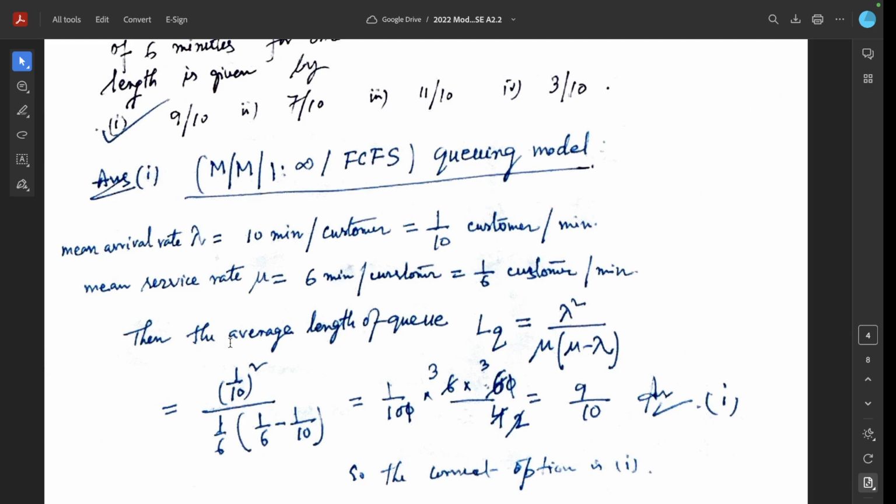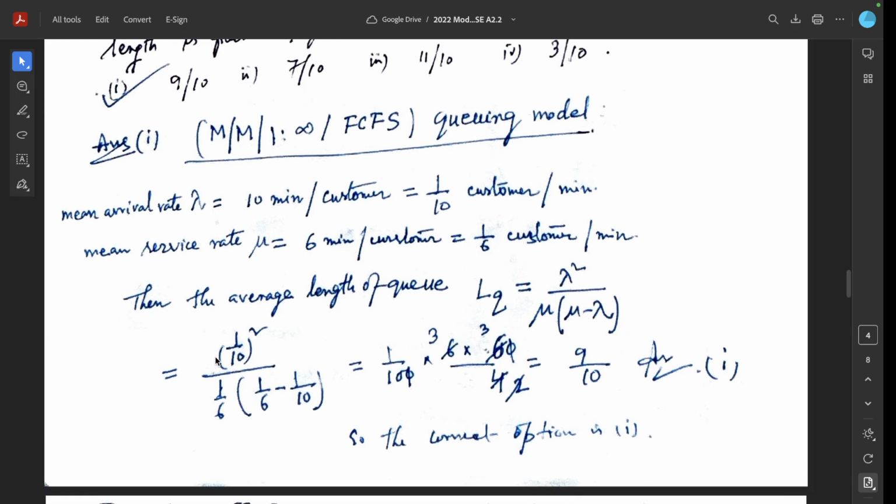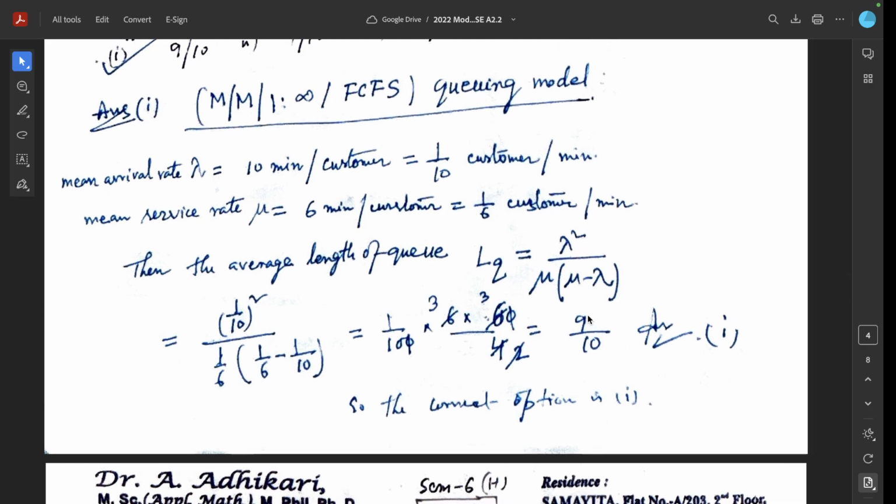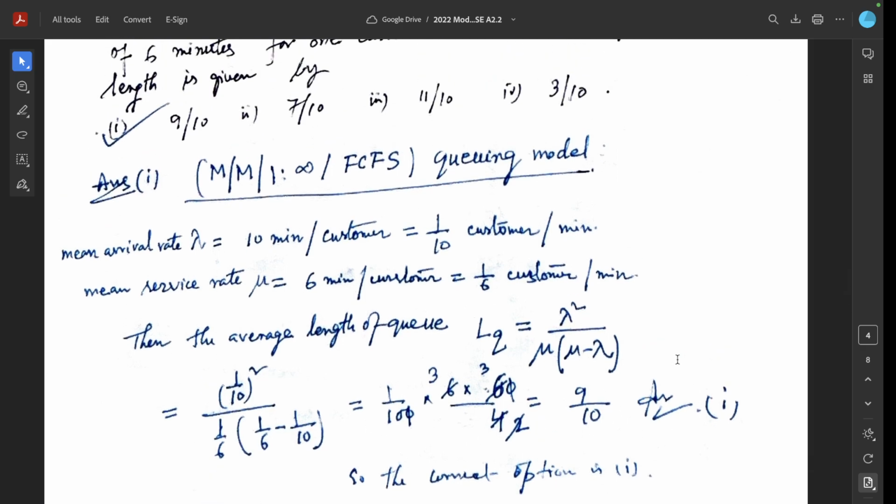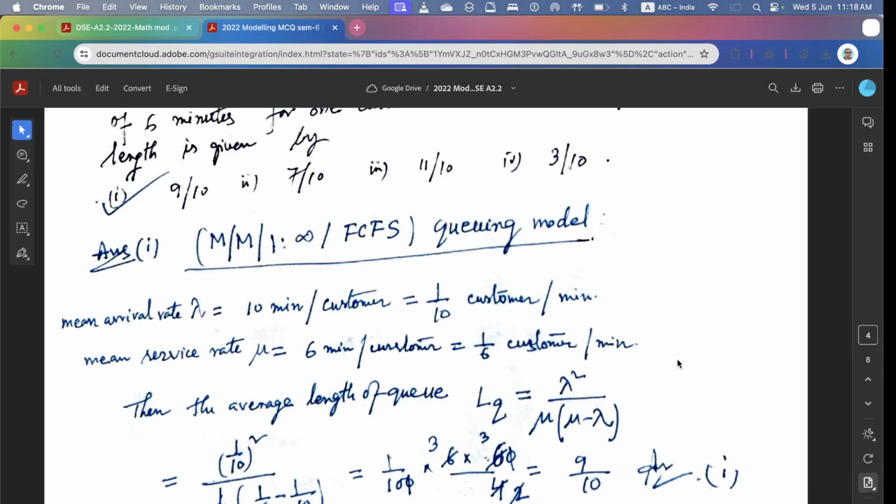The corresponding average length of queue, that is Lq, by formula is equal to lambda squared by mu times (mu minus lambda). Putting in the values of lambda and mu, after simplification we get 9 by 10. So the correct option is 9 by 10, option 1.